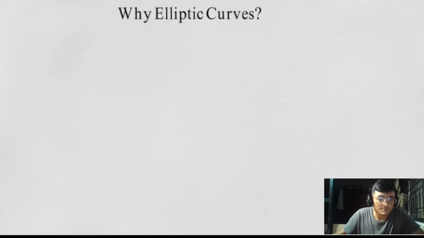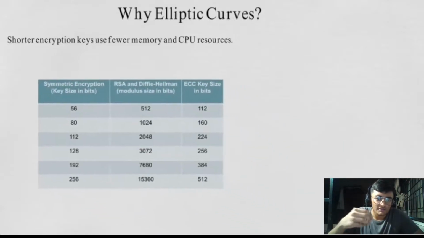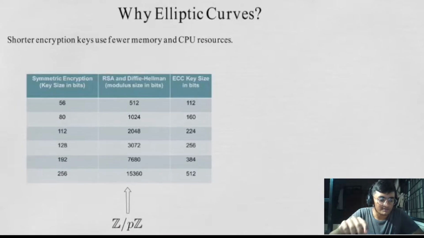So what is so special about elliptical curves when we come to cryptography and key generation? We need to make the key shorter for mobile devices, so to make the key shorter we need this new algorithm. The given chart shows the encryption of the keys and their size in bits.